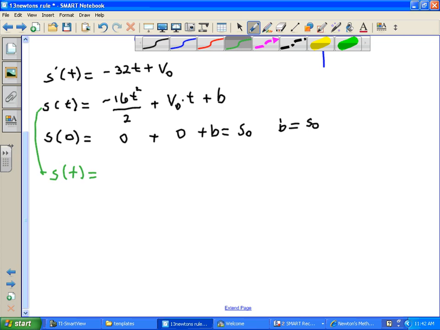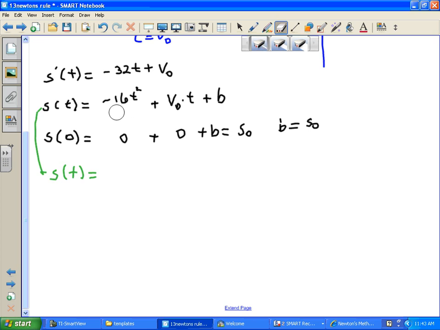excuse me, I had a mistake in the previous step. Let me clean it up first. So negative 32t, its antiderivative is negative 32t squared over 2, which is negative 16t squared. So I certainly don't need another 2 there, right? Negative 32t squared over 2 already gave me the negative 16t squared. So that was a little mistake. So I fixed that now.